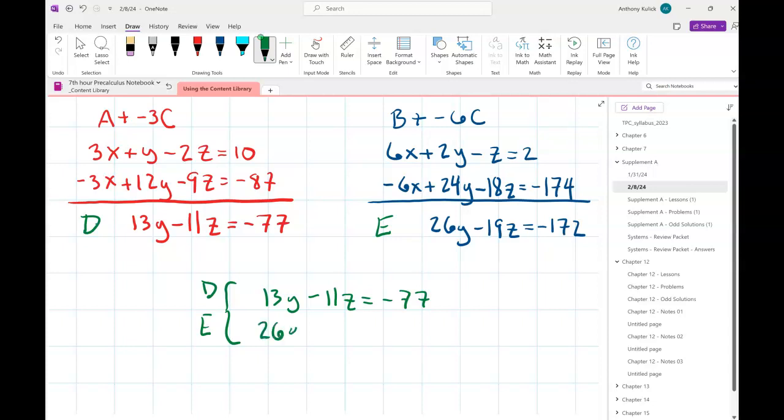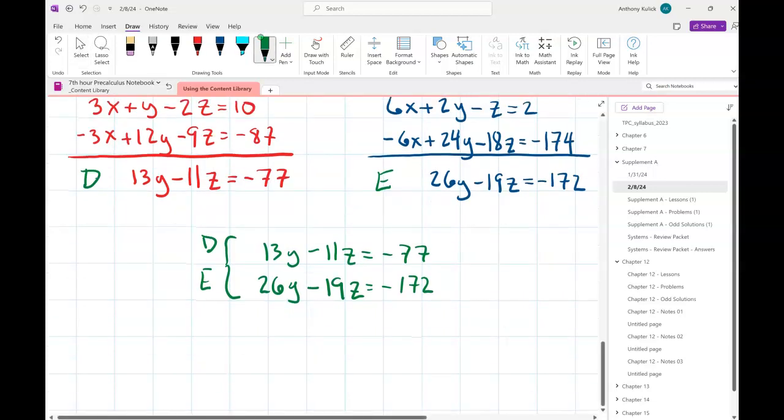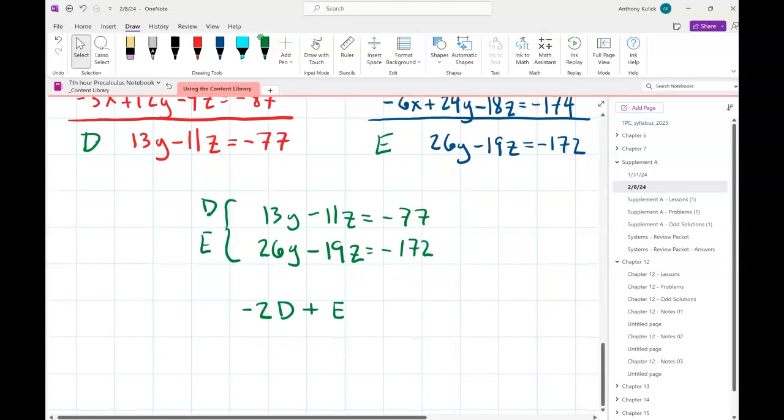What I'm left with now is a two-variable system, right? So again, I'm going to either use substitution or elimination. I'm going to use elimination again. Which variable does it look like it will be easier to eliminate, y or z? Y. How are you going to do that? Negative 2 times equation D plus equation E. I've got to make sure they're opposites.